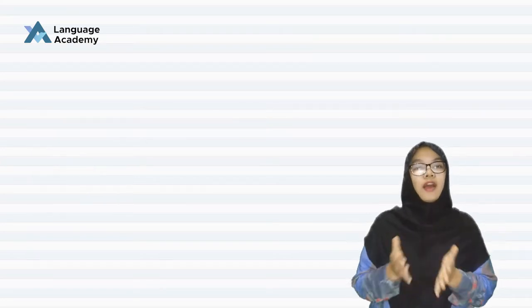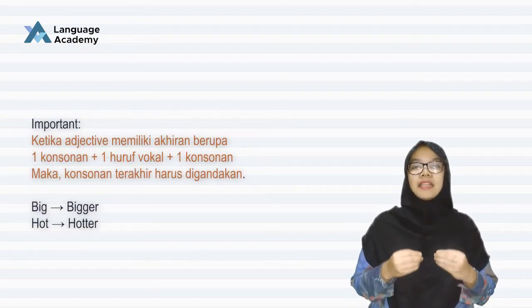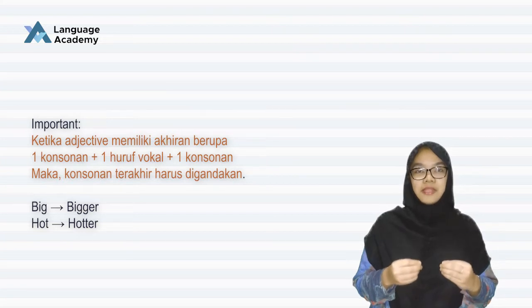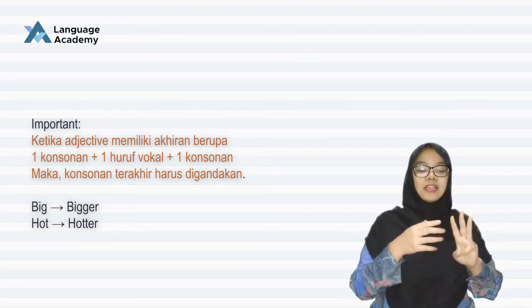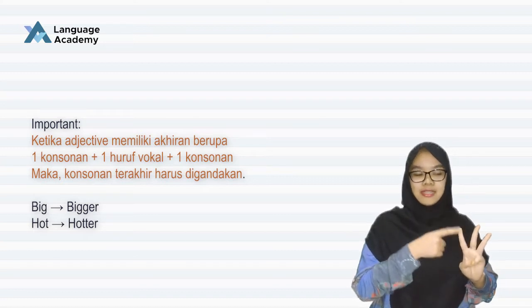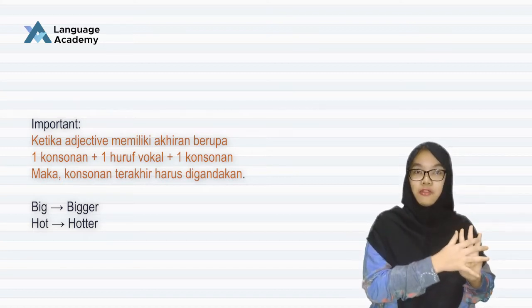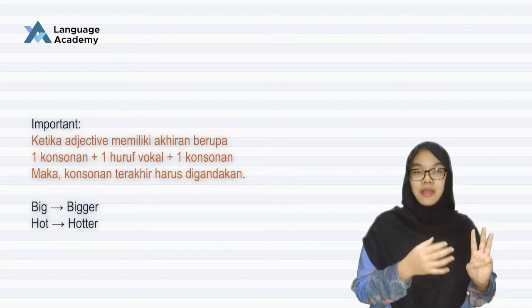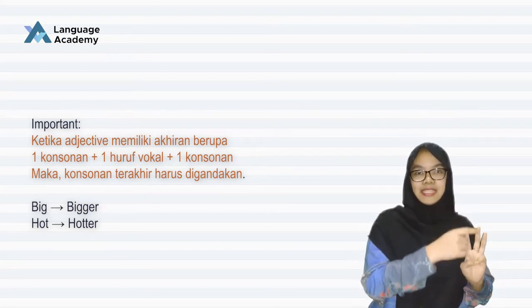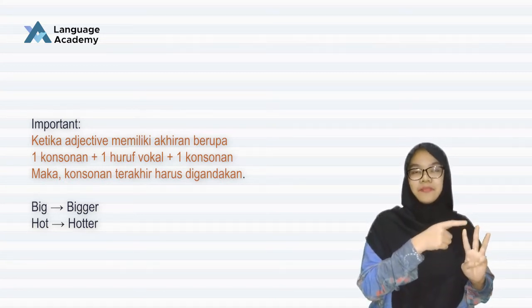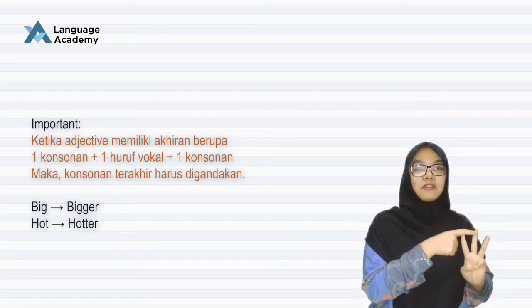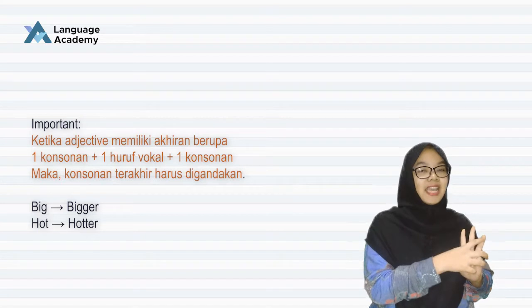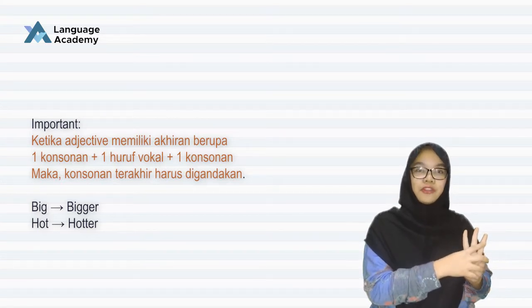Nah, satu hal yang perlu teman-teman ingat, ketika kata-kata adjective dengan satu syllable ini memiliki formulasi atau terdiri dari satu konsonan, satu huruf vokal, kemudian satu konsonan. For example, big, B-I-G. B is a consonant, I in the middle is a vowel atau huruf vokal, kemudian G at the end adalah sebuah konsonan juga.